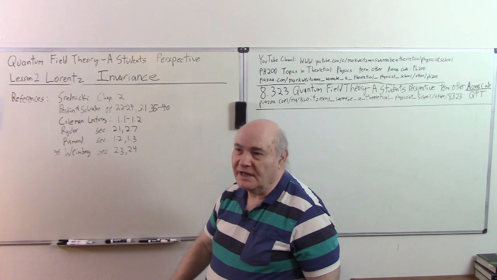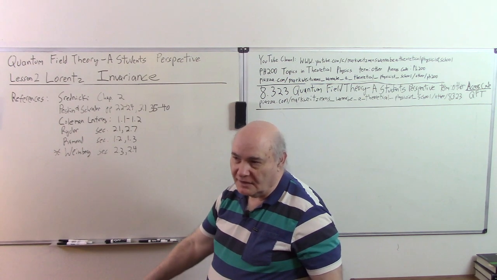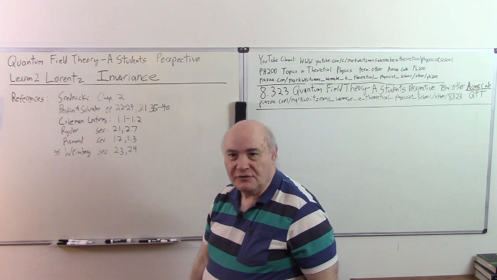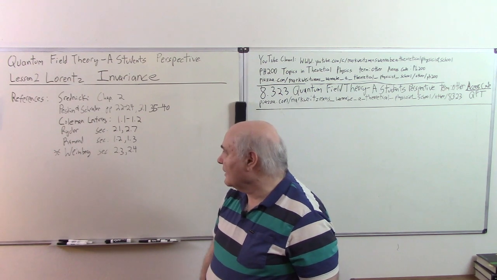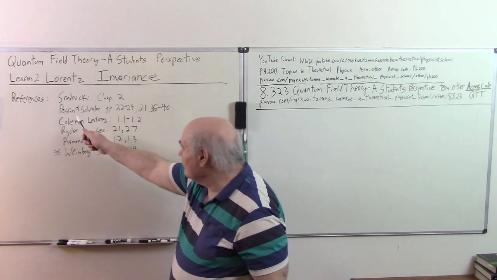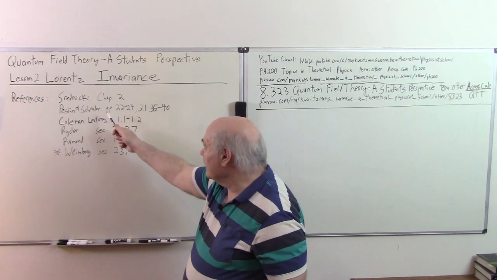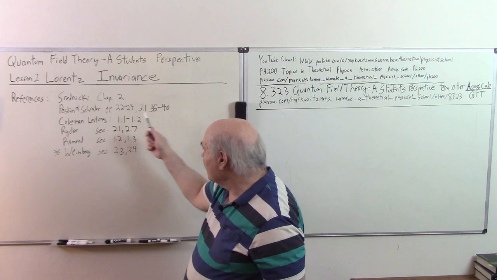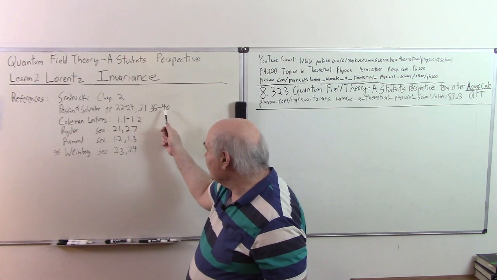So he leaves for later things like spinors and gauge transformations and all kinds of other stuff with Lorentz representations. Whereas a lot of the other books, like Peskin and Schroeder, do spinors very early on in the book. I gave the stuff pertaining to scalars here.